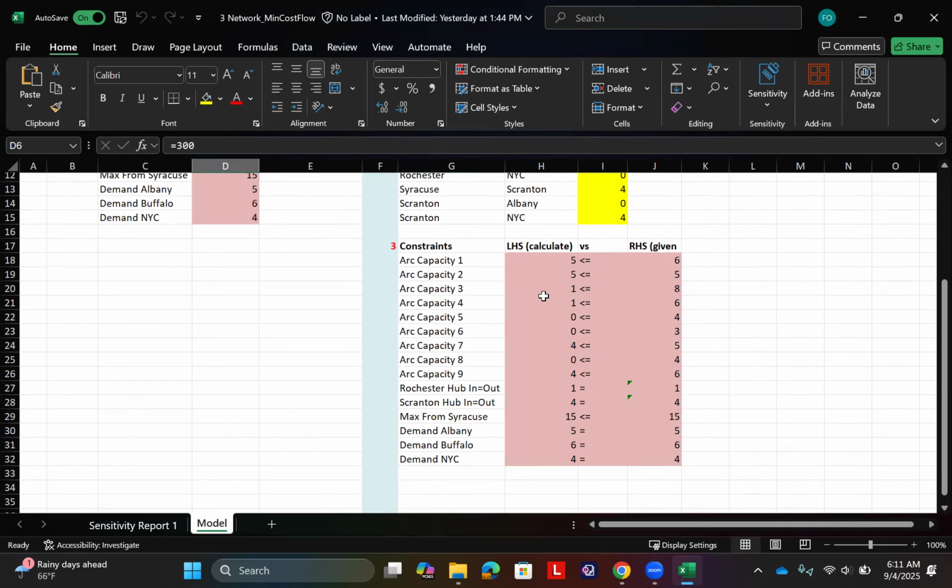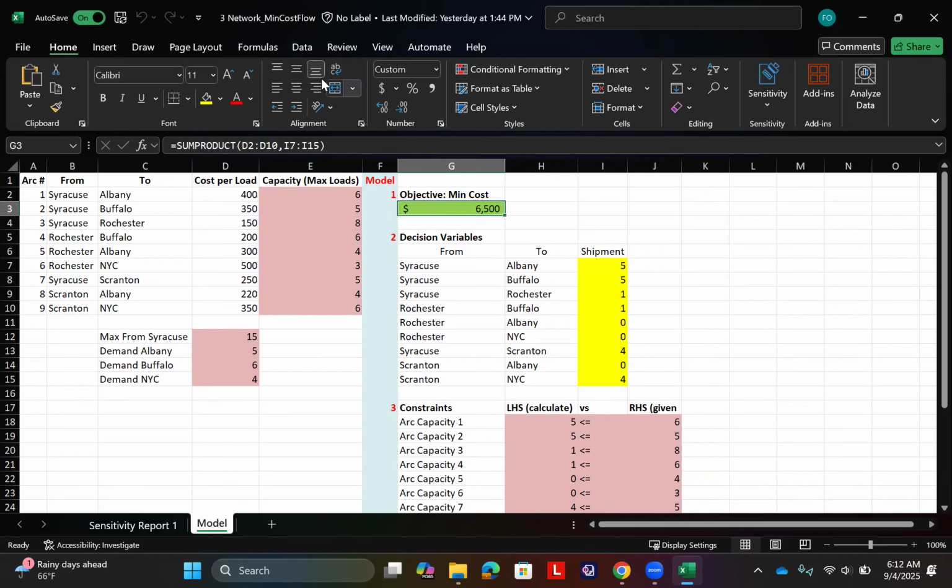And if you remember the problem, we have our capacity connecting those origins and destinations. And we have two constraints associated with our two hubs. And also we have the Syracuse supply constraint, and we have three demand constraints for our demand locations.